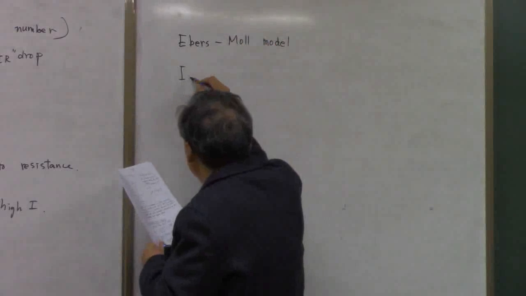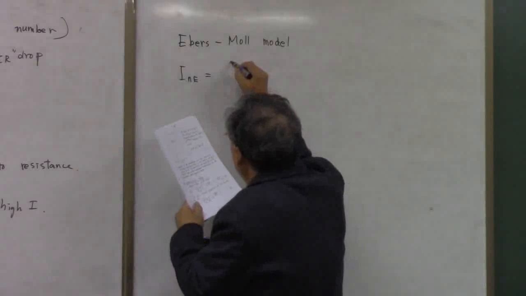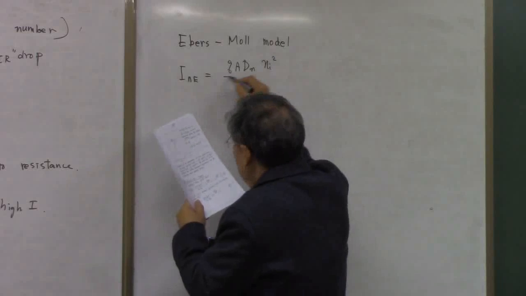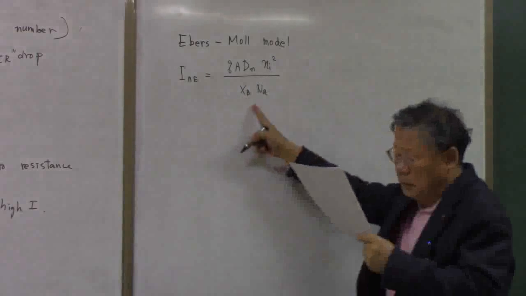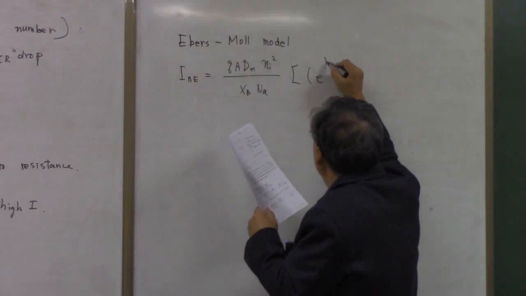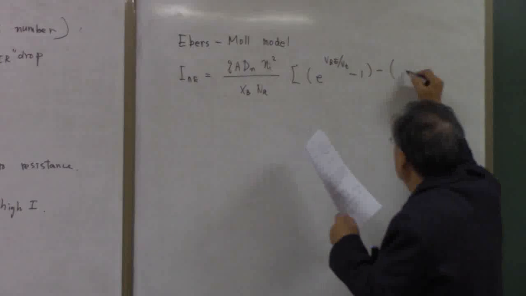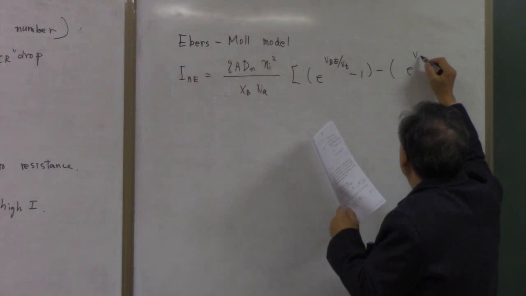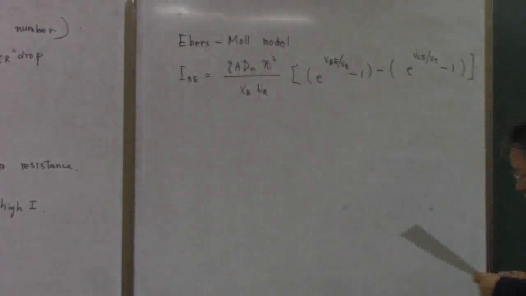We know that the emitter current is going to be QA, the area, and the diffusion coefficient, and the base region, the gamma number actually, times e to the VBE over VT minus 1, minus it to the VBC over VT minus 1. Okay, that is the whole equation.